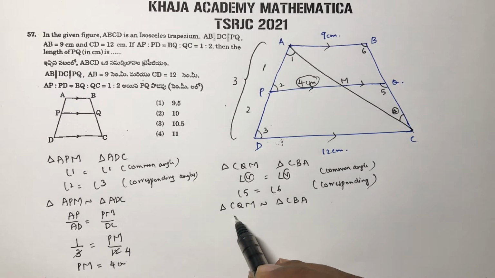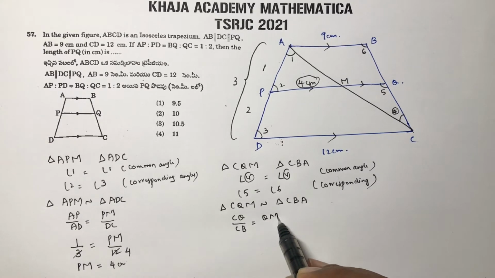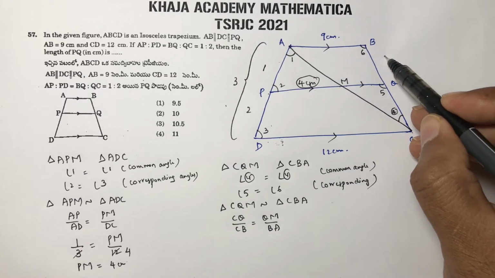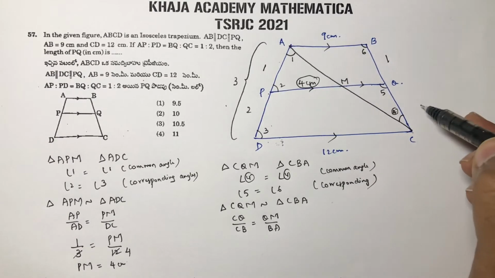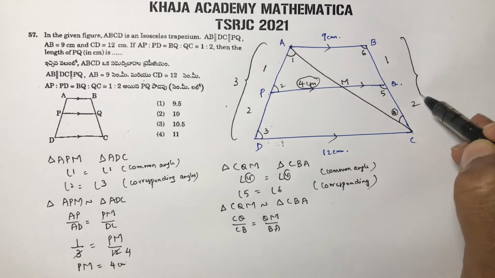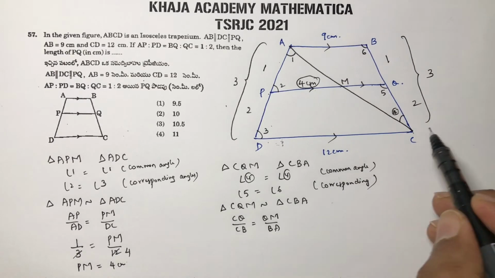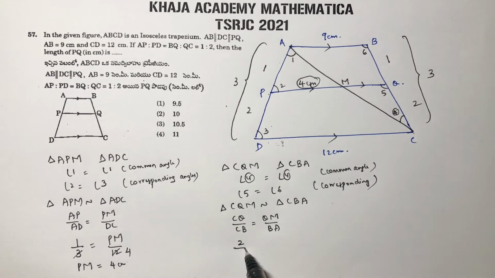So here CQ by CB equals QM by BA. See, BQ by QC is 1 to 2, so total will be 3. CQ is 2 parts, CB is 3 parts, and QM, which I need to find, BA is given 9. 3 times 1, 3 times 3, 3 times 2, 6.